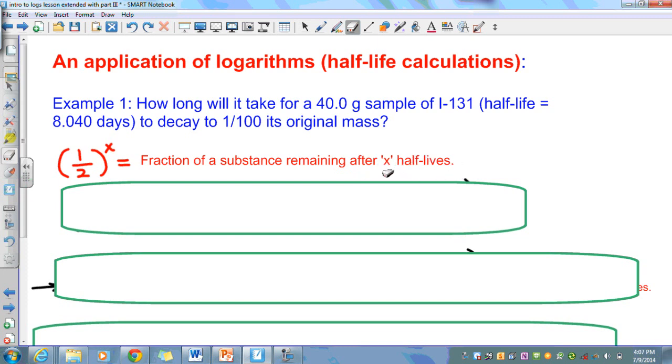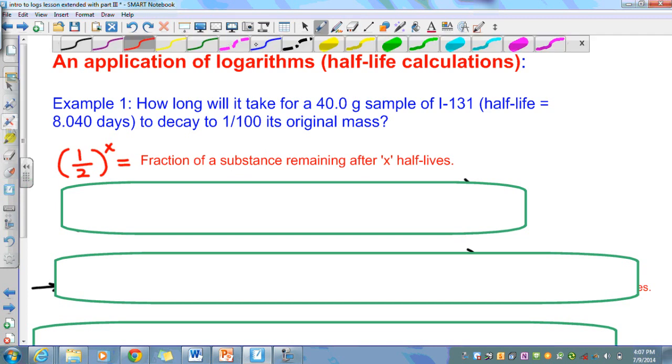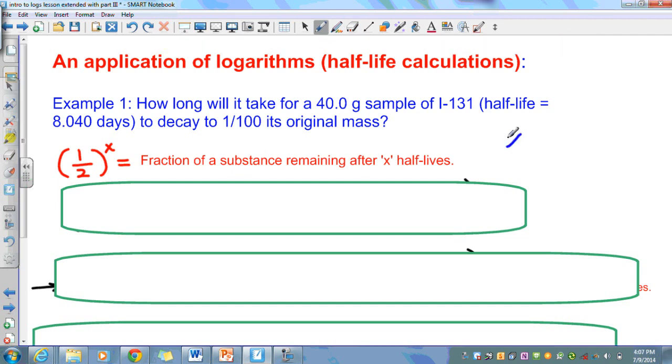So here x represents the number of half-lives, and (1/2)^x represents the fraction of a substance remaining. If x equals 1, you get (1/2)^1, which is 1/2 or 0.5. By definition, half-life is the time it takes for a substance to go to half of its original amount. So if there's exactly 1 half-life, you end up with 50% of the original amount.